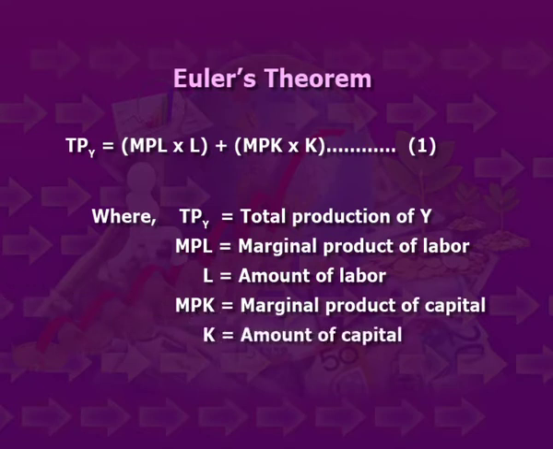This equation shows that the total output of Y is the summation of marginal product of labor times amount of labor and marginal product of capital times amount of capital used in production of Y.